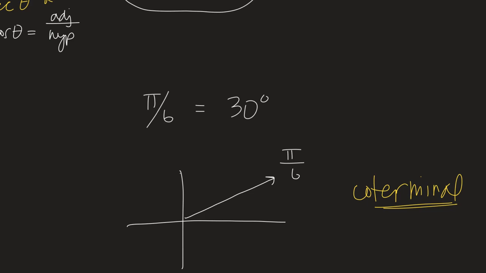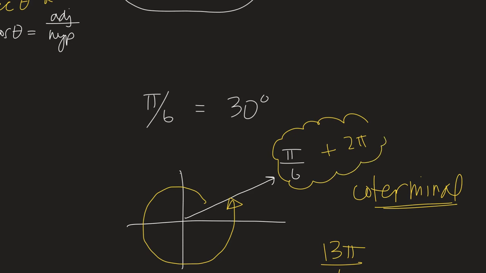So let's talk about some angles that are coterminal. What if we went all the way around our circle and then ended up at that same point? That would be a coterminal angle. That one, in fact, would be 13 pi over 6. So 13 pi over 6 and pi over 6 are coterminal, aka I just added 2 pi to my given angle. Adding 2 pi to my given angle gives me a coterminal angle. And the other one would be, what if I went the negative way around my circle?